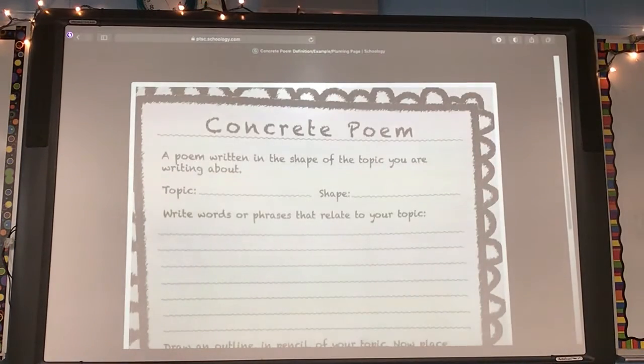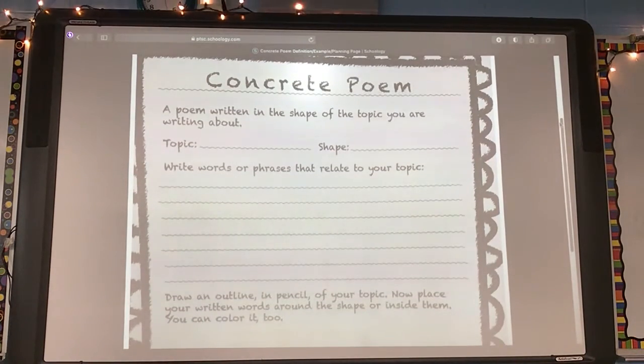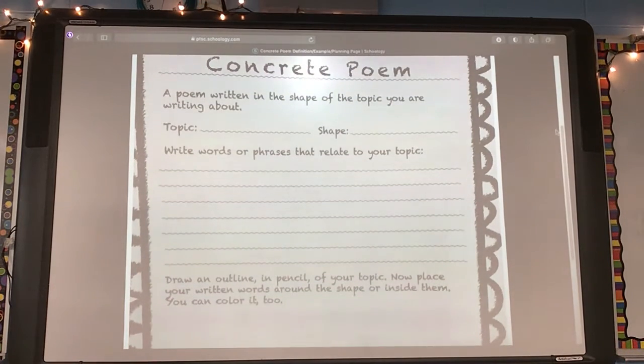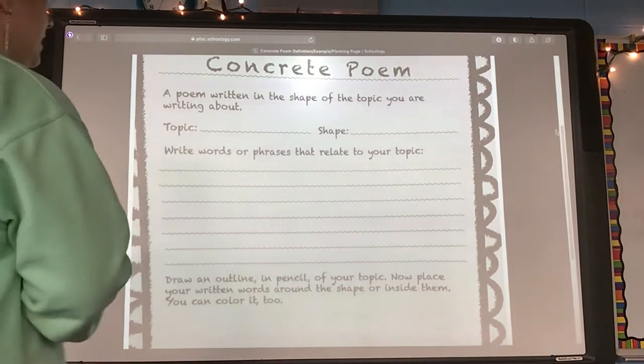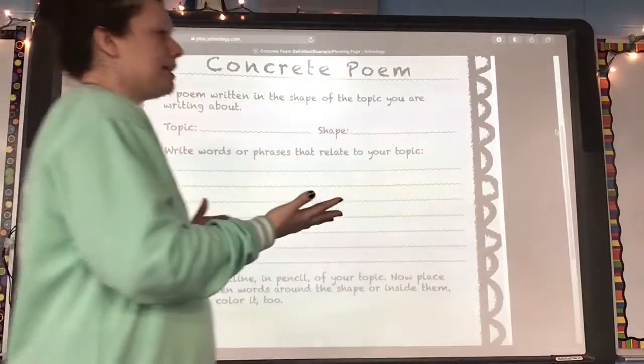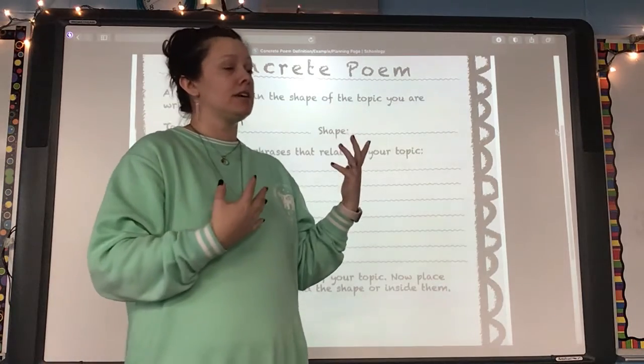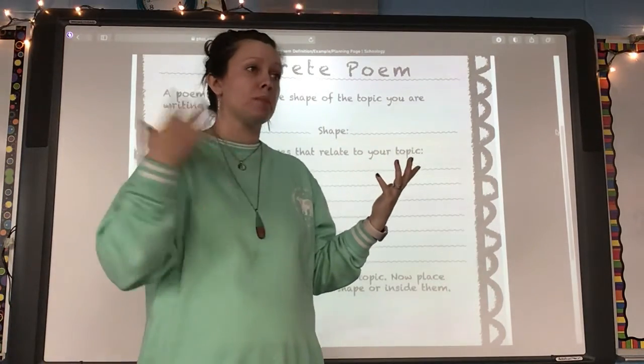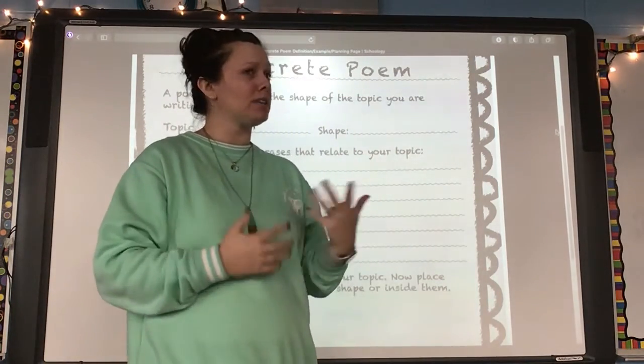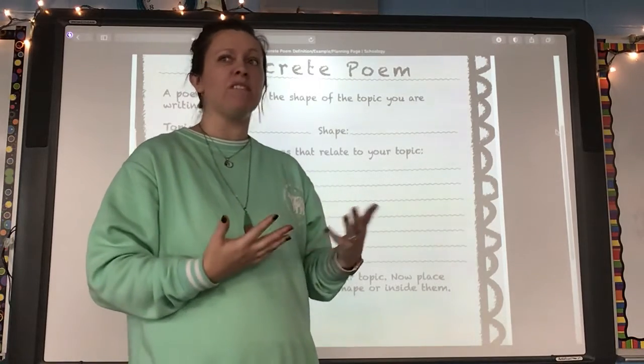All right, your planning page. It says a poem written in the shape of this topic you are writing about. You need to decide what is your topic and what is your shape going to be. Now the sneakers and the horse, very obvious. The picture was an actual picture of the topic. But the one with the stop sign, that was a little less obvious, right?